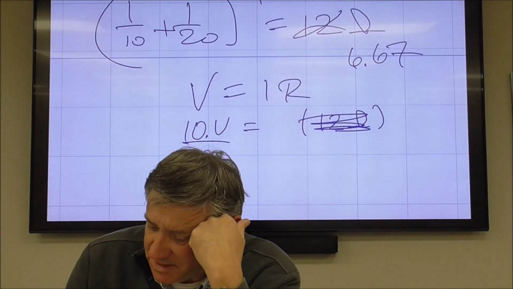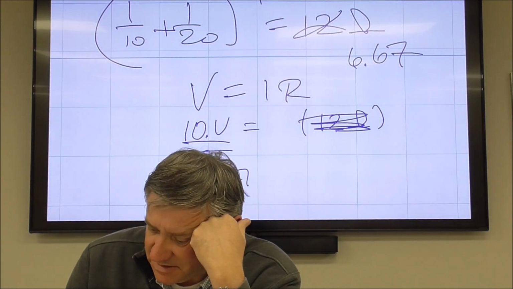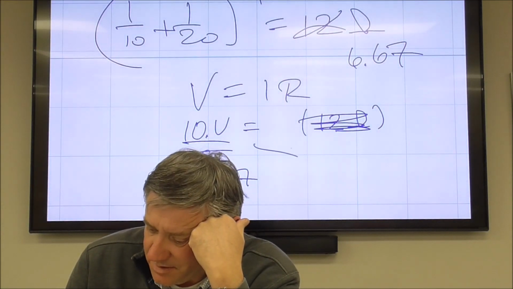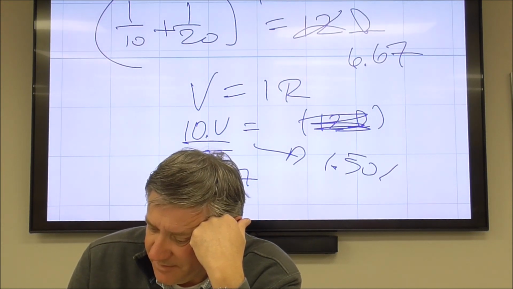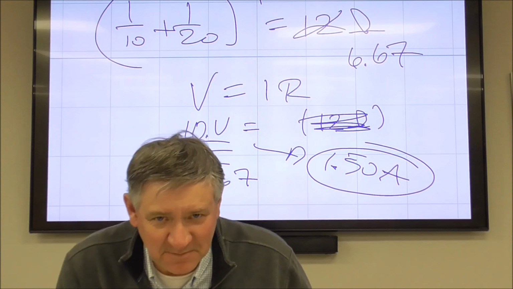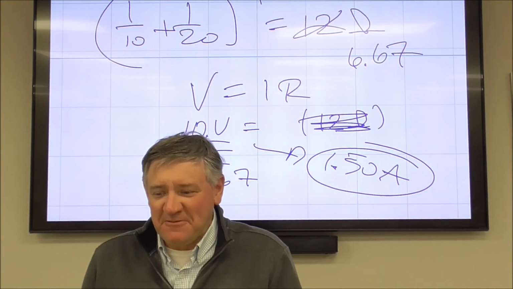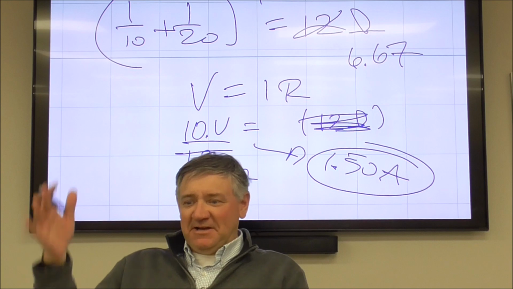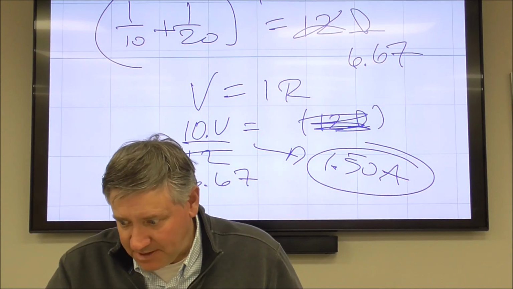So then if I take the 10 and divide that by 6.67, then I get 1.5 amps. So that's why I momentarily flipped out. I was like, whoa, this is bad. Either the program was wrong or the calculator went bad. Thank God the calculator went bad and it didn't break any physics.